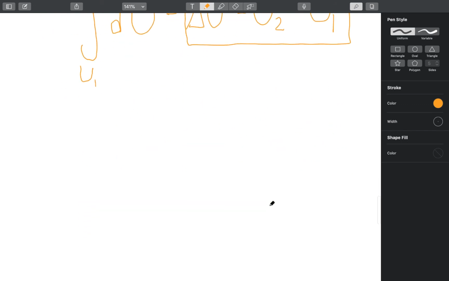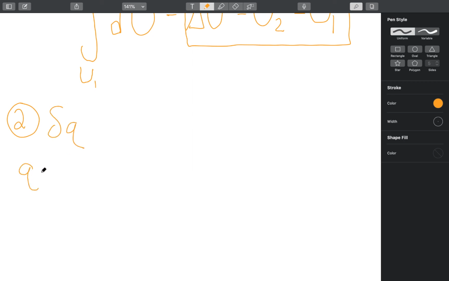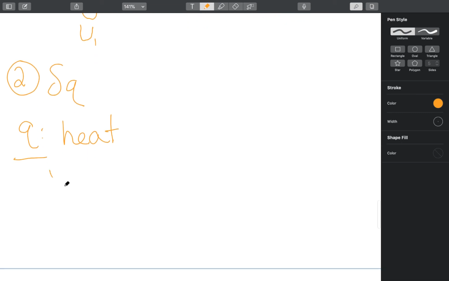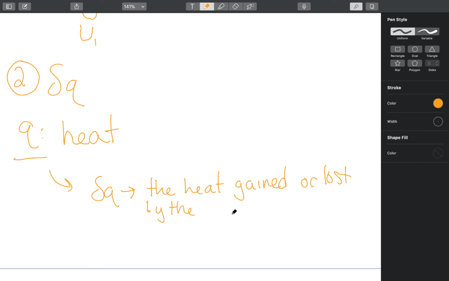So next, let's go to the heat. So dQ. Let's first define Q. Q is the heat. So Q represents heat, while dQ represents the heat gained or lost by the system.